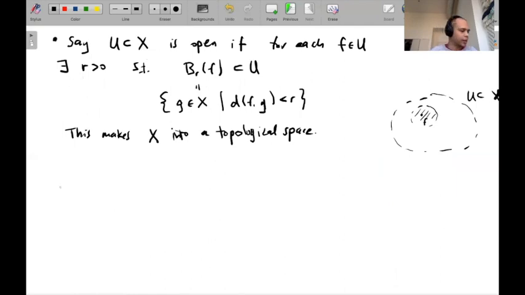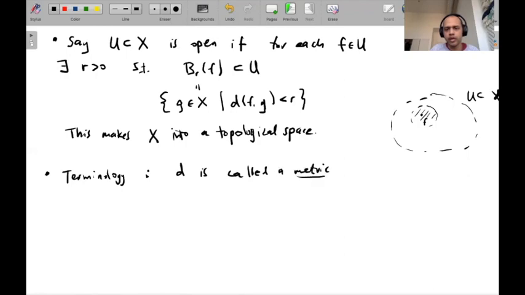So the terminology is that here D is called a metric, and (X, D) is a metric space.